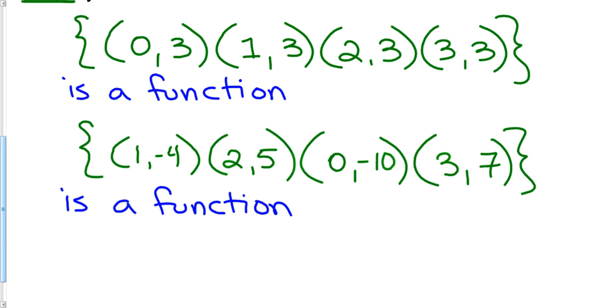Each x value is paired with a different, a unique y value. So that's what we're looking at here. You have to be able to recognize, for a set of ordered pairs, is it a relation or a function? And we're also going to look at different representations. You have to be able to tell from each of those representations, is it a relation or is it a function?